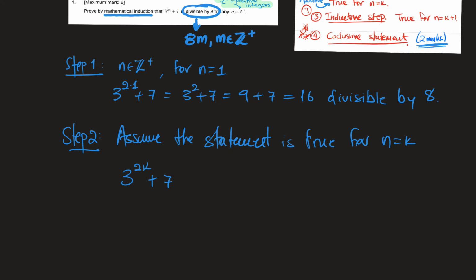Now this is the tricky part, because you're going to have to write it as a product of 8 times m, with m belonging to positive integers as well. We want it to be on the 8 times table, so it has to be 8 times a positive whole number.